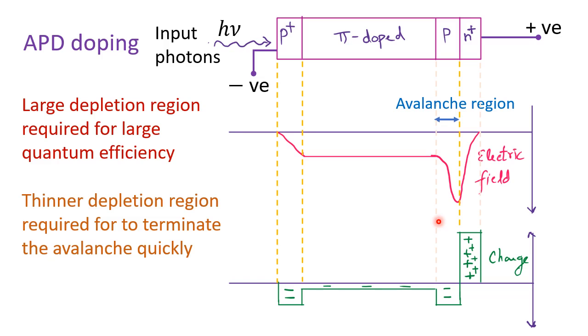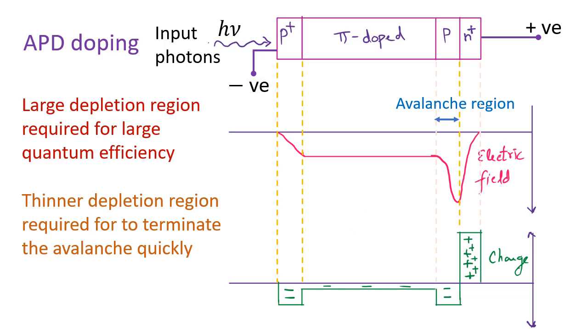The other important thing is that even though one has created this large avalanche, it is also a very thin region. So the avalanche also terminates very quickly, and that is very important because you want the device to be ready for the next photon. So it increases the speed.